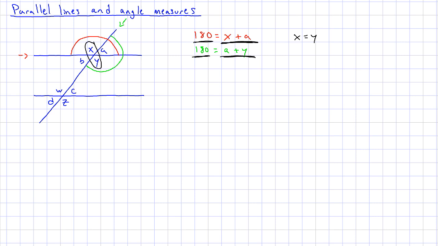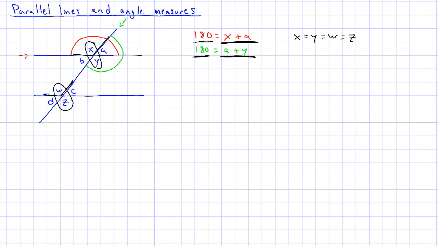It is also true, and I think it makes sense, if you're looking at this angle here, that it is repeated down here. So X is also equal to W. And because of the same thing that we just discussed, W equals Z. So when you're given this situation, you actually end up with only two angle values.